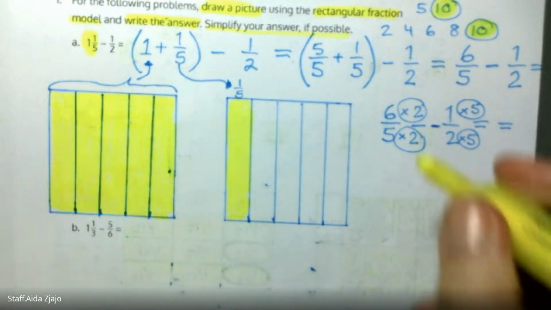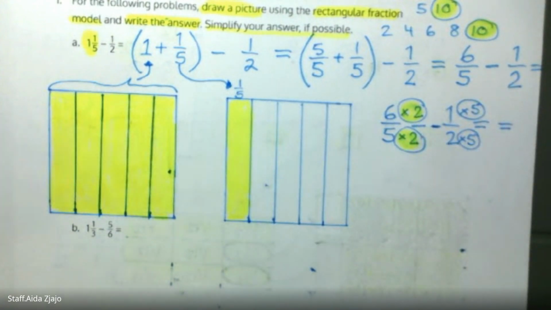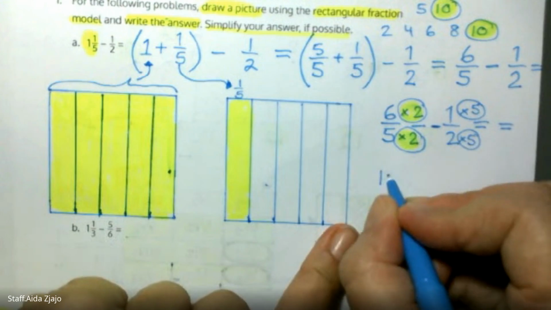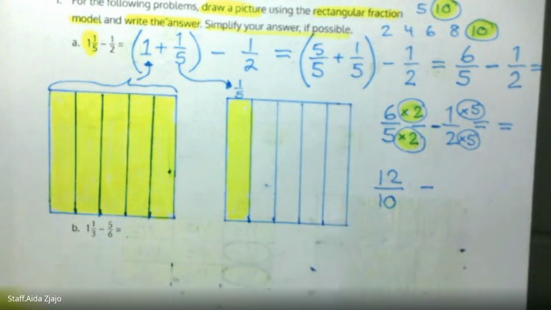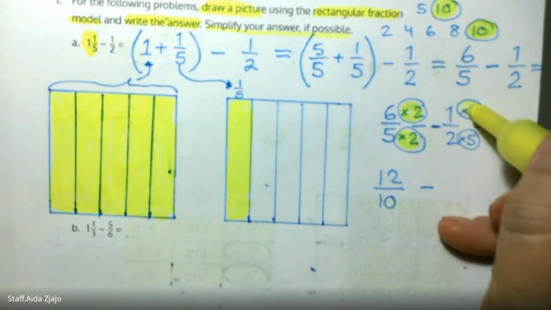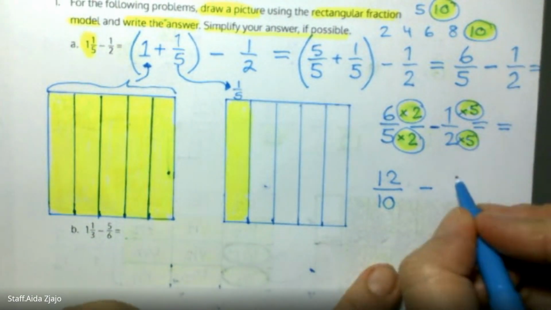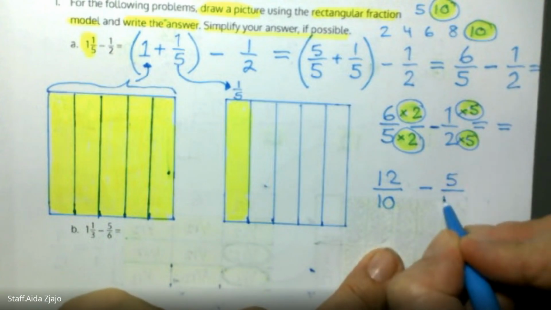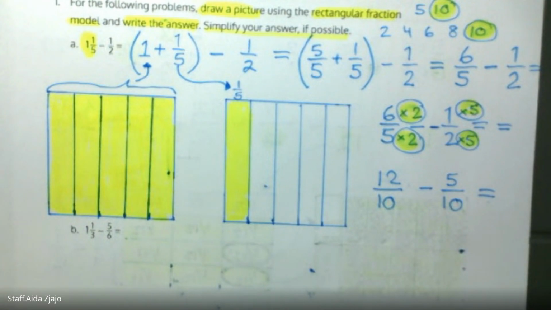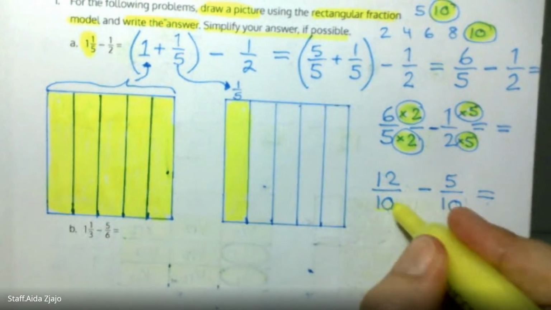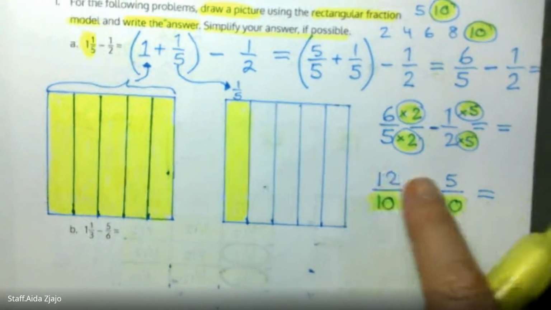So when I multiply 6 times 2 and 5 times 2, 6 fifths becomes 12 tenths. And when I multiply 1 times 5 and 2 times 5, the 1/2 is really 5 tenths, which you already know.